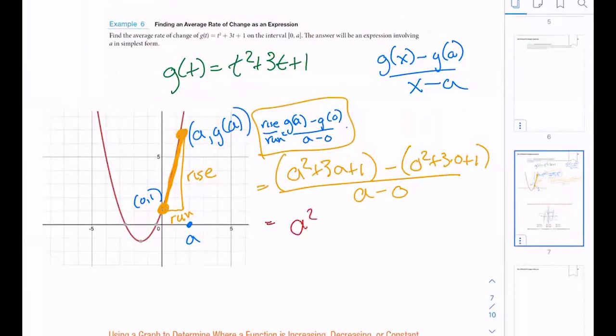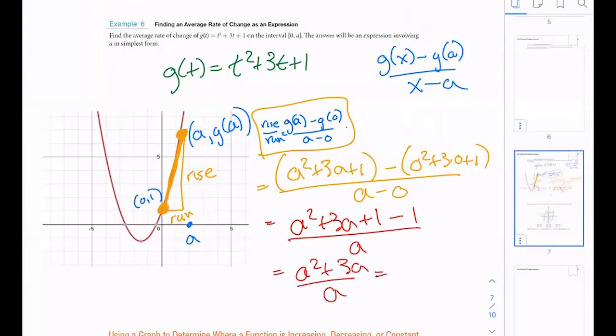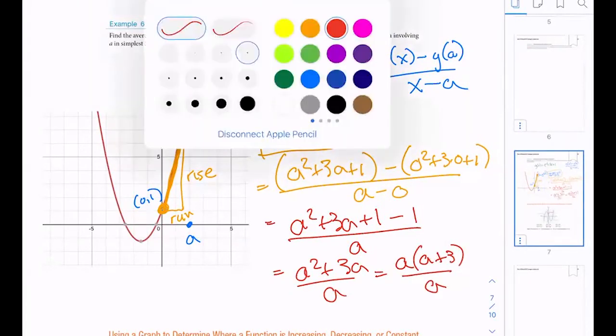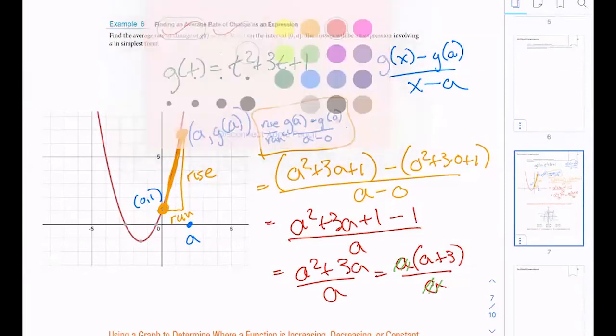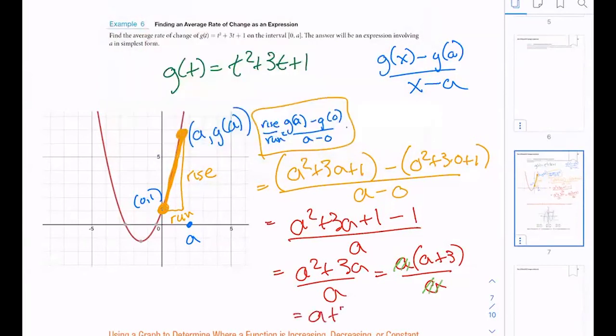So you get a squared plus 3a plus 1 minus 1 over a, and that's a squared plus 3a over a. We can factor an a out of the top, and then the magic thing that happens in almost all of these situations where we've got a rise over run expression is the a's cancel out, the denominator cancels, and we end up with just a little formula that is a plus 3.